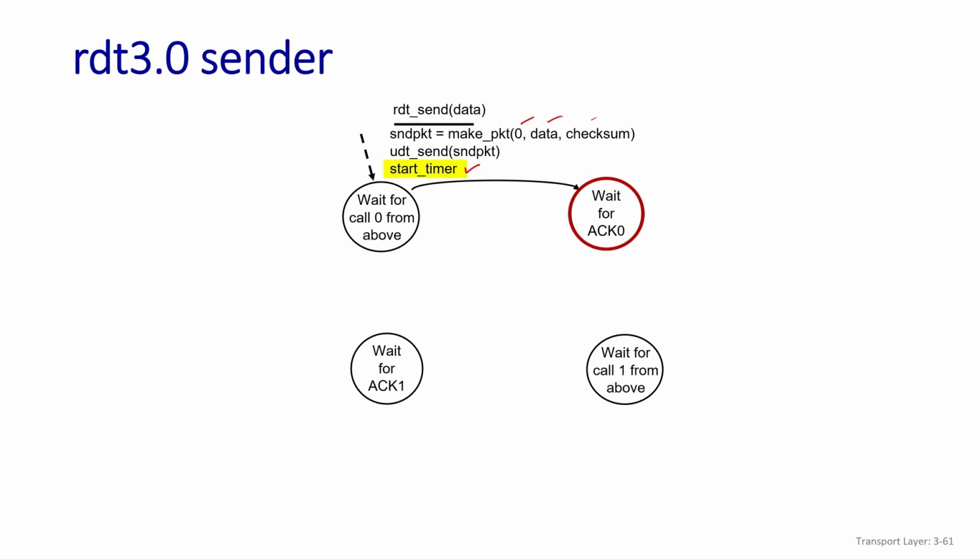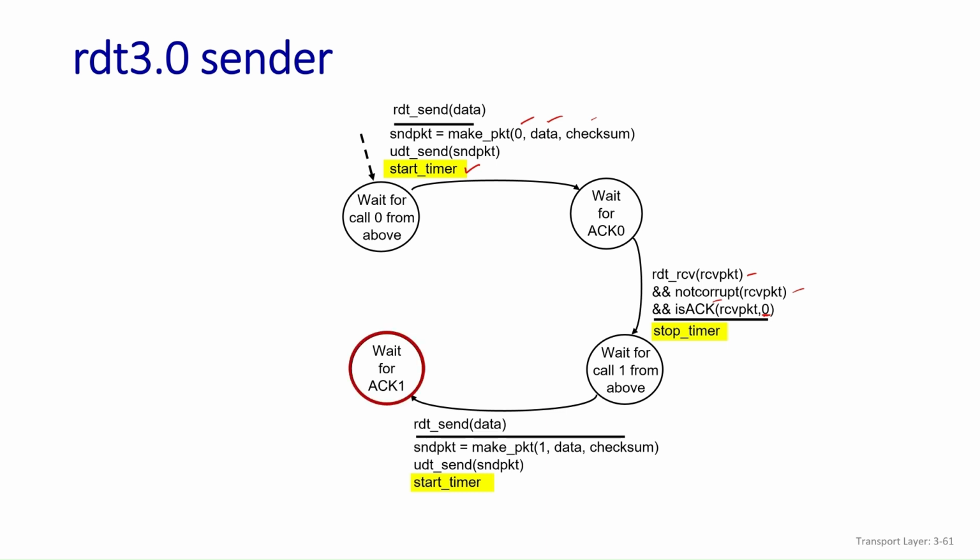In the normal scenario, the sender receives a packet that is not corrupt and is an acknowledgement having sequence number 0. So now, instead of having no action and making a transition to this state, the action includes stop timer.